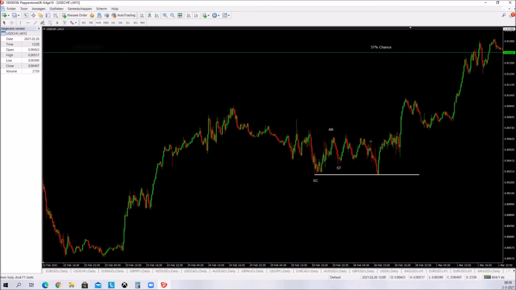So you really have this range forming. And as you know, there will be liquidity at both sides of the range. What's always key when ranges develop is to look at what happens once the liquidity gets triggered. And this was the first change of character.